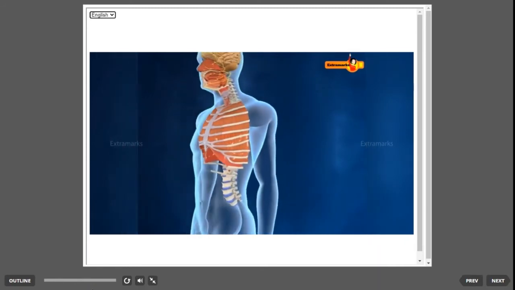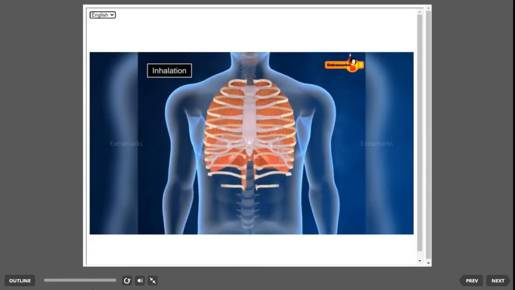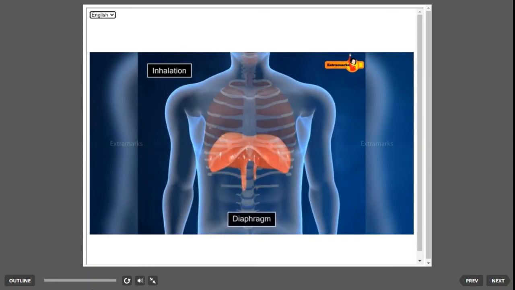Inhalation is the active process initiated by respiratory control center in the brain. As inhalation begins, the diaphragm and intercostal muscles contract.